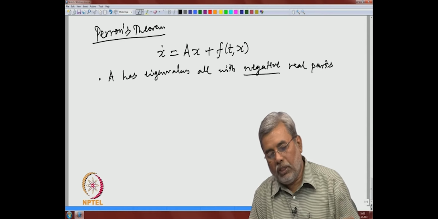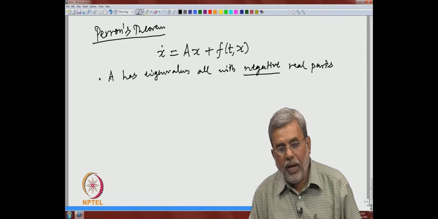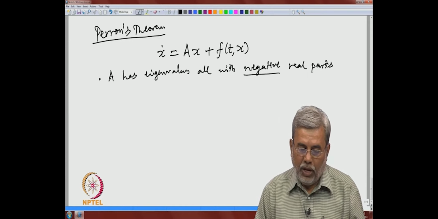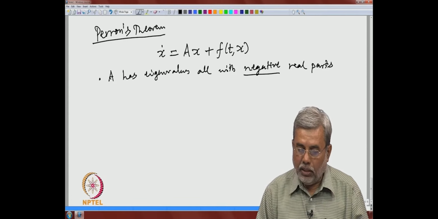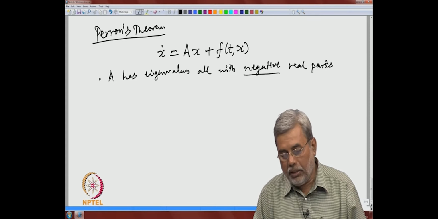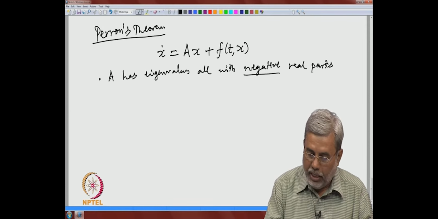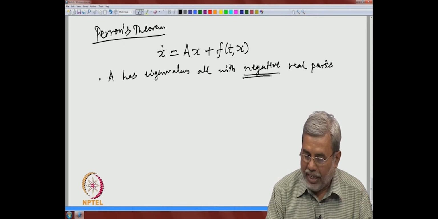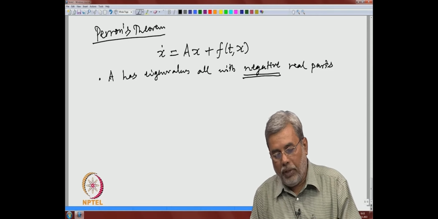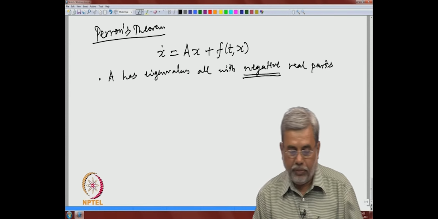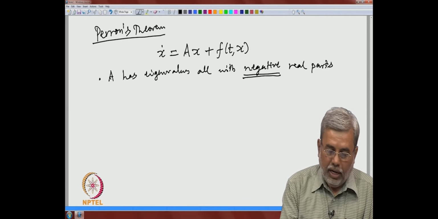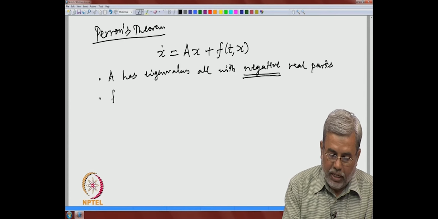So, the Hartman-Grobman theorem requires the eigenvalues all to have non-zero real parts, but here Perron's theorem only concerns the case when they all have negative real parts. And f is a continuous function.